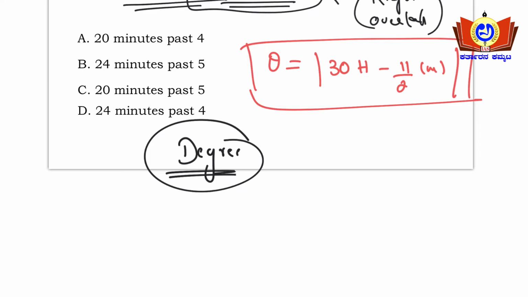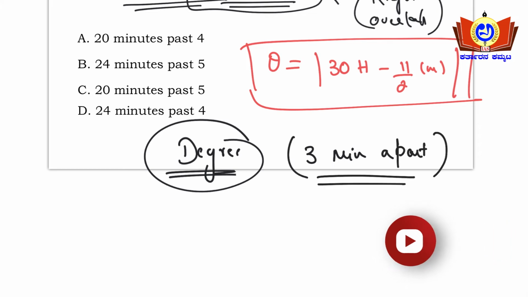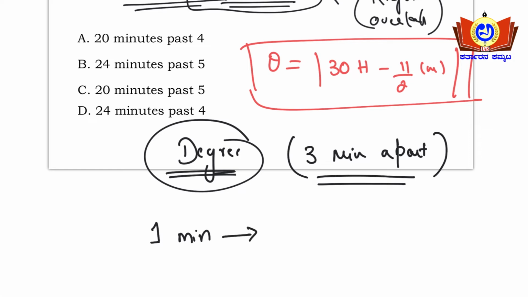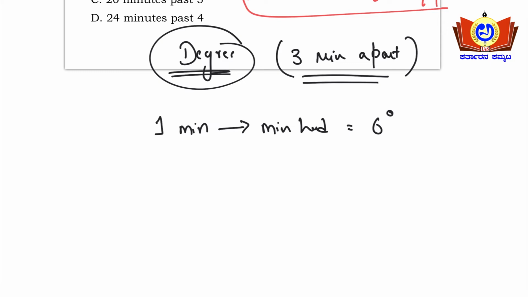In the question they have given 3 minutes apart. Yes or no? 3 minutes apart. Okay, so for 1 minute, we know from the previous video that the minute hand sweeps 6 degrees. Yes or no? For 1 minute, the minute hand sweeps 6 degrees.